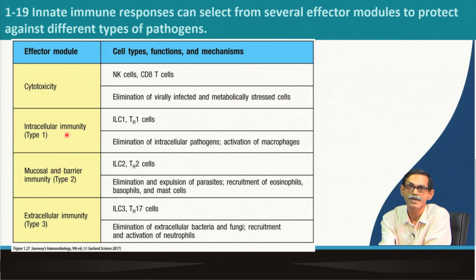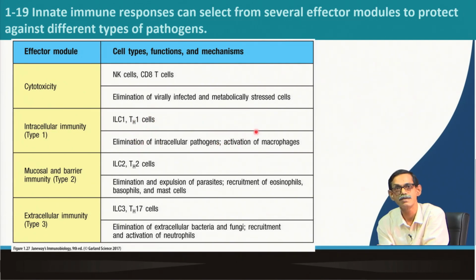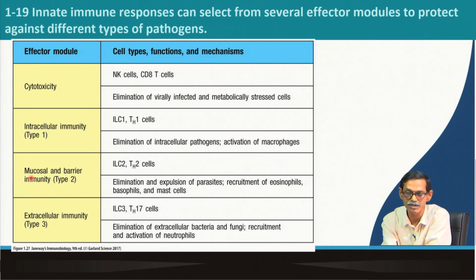Intracellular bacteria or parasite, ILC1, innate lymphoid cell 1, or Th1 cells, we will see what that is, which eliminate the intracellular pathogen by activating macrophages. Similarly, the mucosal barrier is taken care of by ILC2 and Th2.